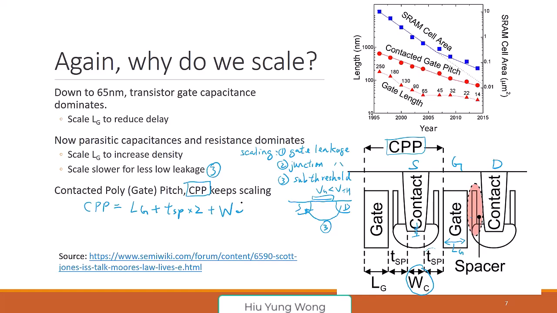Can we check if I'm right? Is that okay? Because this really tells you the transistor density. If you only scale the LG, but your technology requires a very large WC and TSP for a new LG, then it's useless. They say, oh, I invented a new transistor, so good.